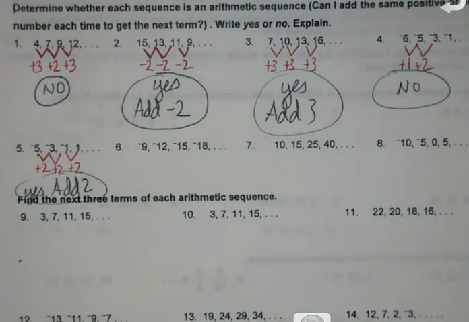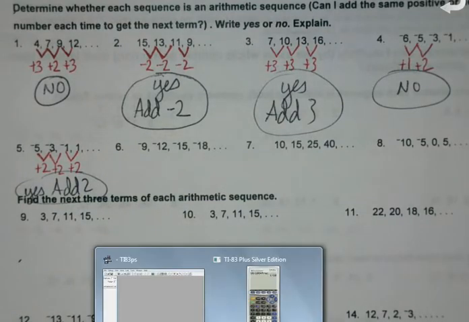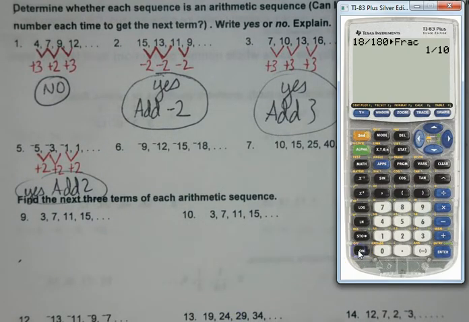Now, some of you may say, what if I'm not sure what the number is between two of these? How am I supposed to figure this out? If I was really wanting to think about this, I could do it a couple of different ways. I could try some different numbers until I found the next number in the sequence and then work from there.